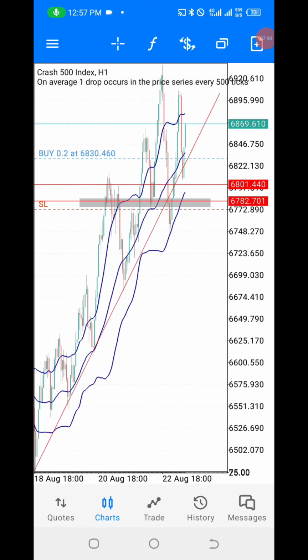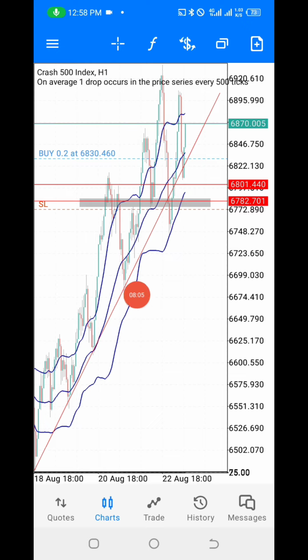Now, what actually informed my entry is the fact that it has failed to completely break the second line of the Bollinger Band, that is the middle line, to come to retest the outer line of the Bollinger Band to the downside, right?